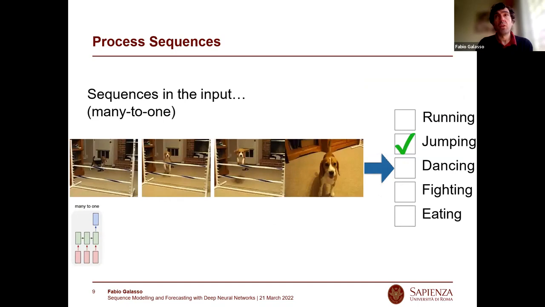Another many-to-one task is when you have several video frames and you want to classify them.